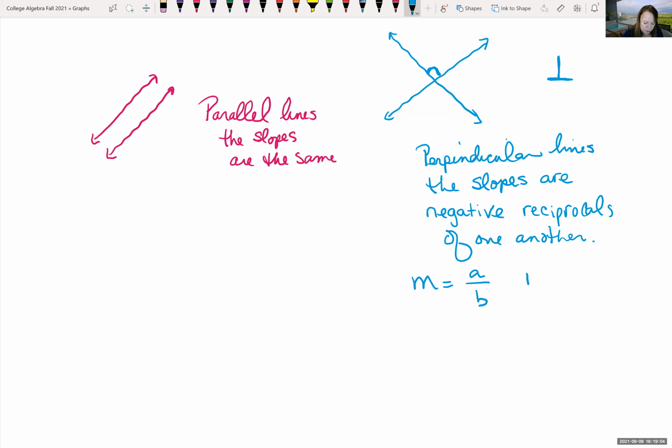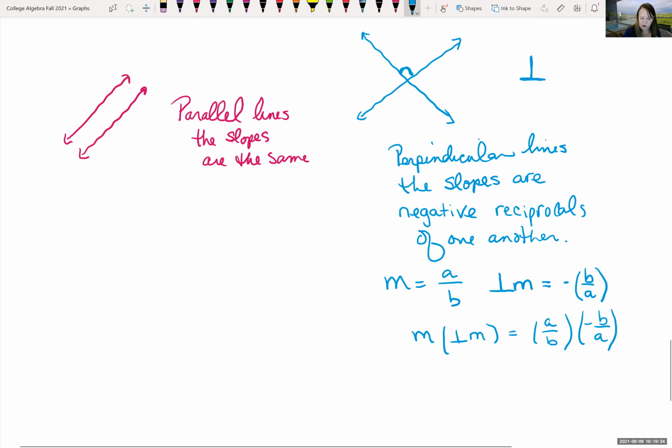So let's write it: perpendicular slope would equal the negative, opposite sign, and the reciprocal, so flip your fraction. So b over a. Notice if you multiply your slope and the perpendicular slope, a over b times negative b over a, you're going to get back -1.